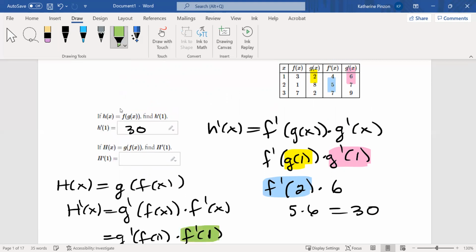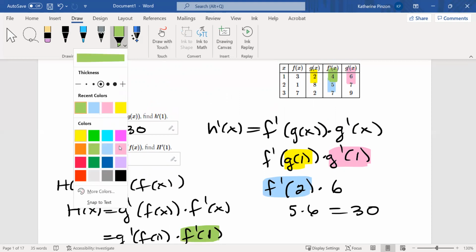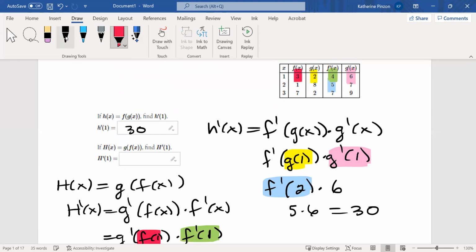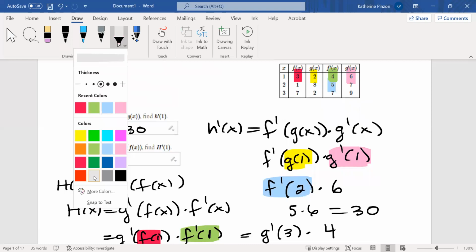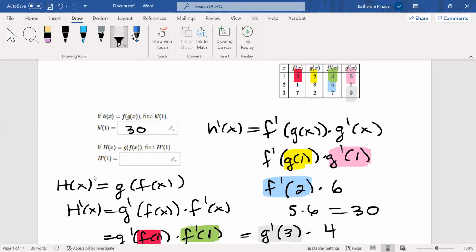F prime of 1 is this guy, 4. And f of 1 is this guy, 3. So g prime of 3 times 4. G prime of 3 is this guy, 9. So 9 times 4, 36.